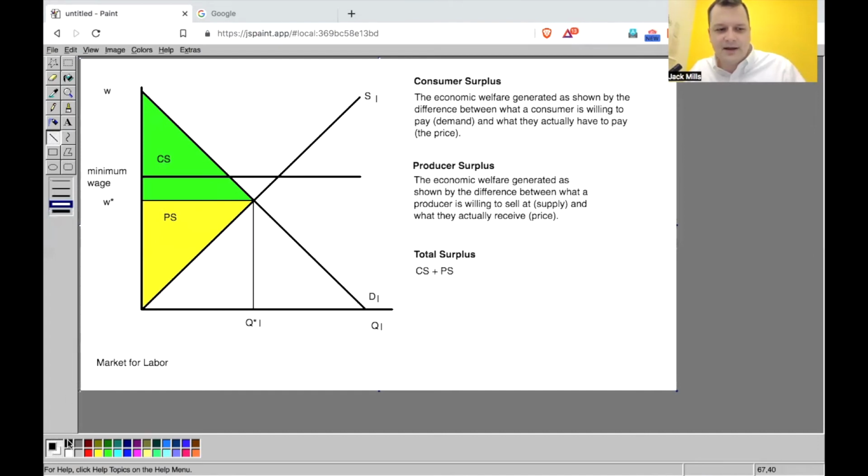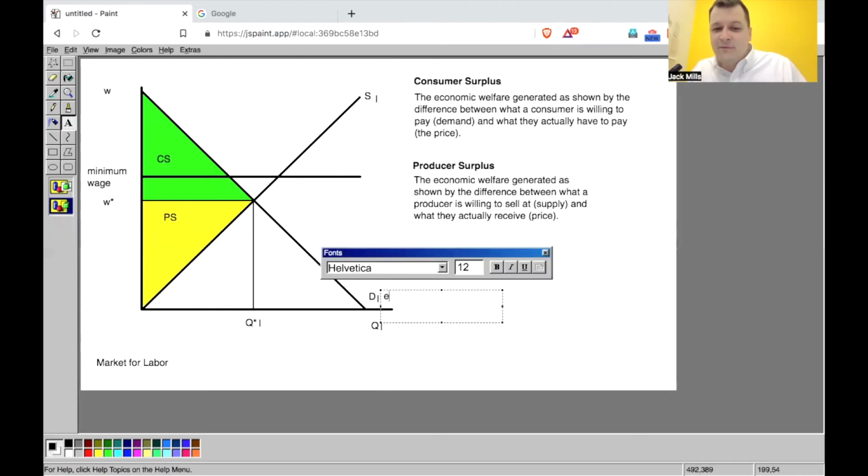I'm going to take my little line over here, maybe a thinner line this time. And I'm going to note that the demand for labor and the supply for labor are going to diverge when we have this price, right? What do you mean diverge? Well, let's think of this for a second. What do you call the demand for labor? Those are employers, the people who want to hire people.